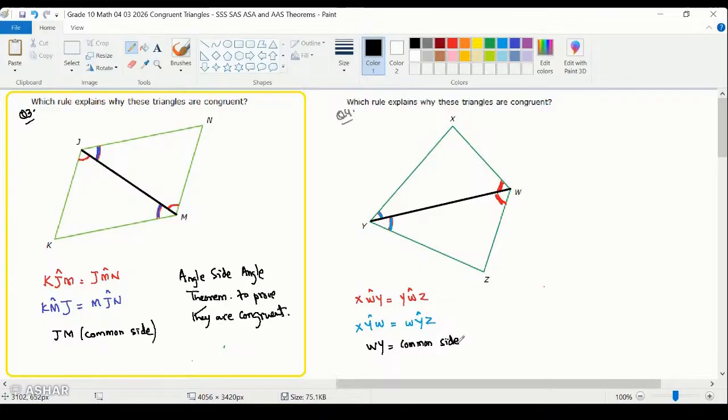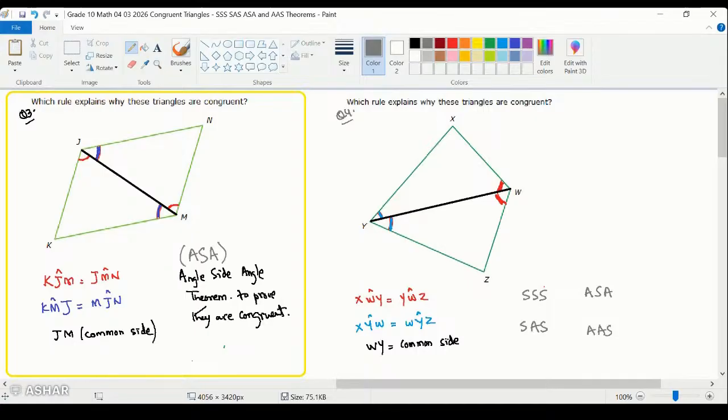Okay. Now we have a question over here. In question number 3, we said angle, side, angle. But in question number 4, let's see the possibilities. Side, side, side; side, angle, side; there were 4 theorems, right? Angle, side, angle, and angle, angle, side.